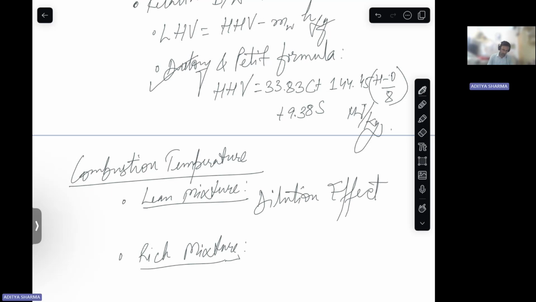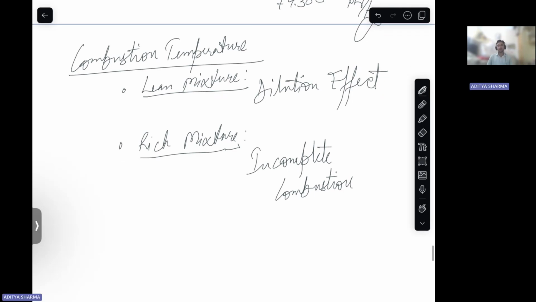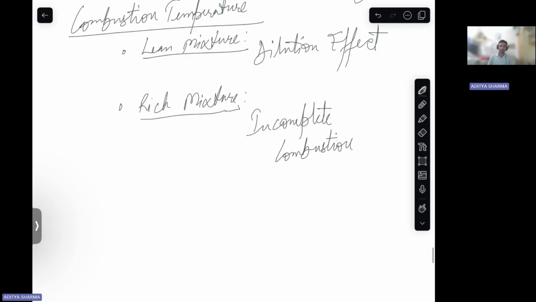And what happens for the rich mixture? Again, the combustion temperature decreases when you compare with stoichiometric combustion. And why so? Because of incomplete combustion.